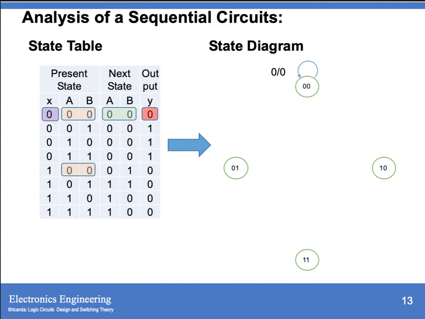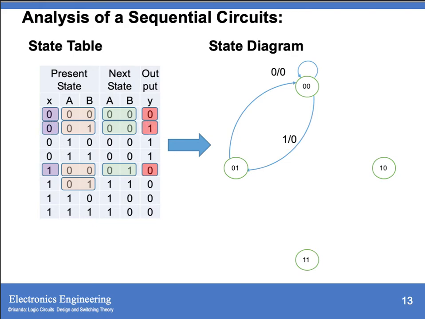Then when it is 0, 0, it goes to 0, 1 when x equals 1 and output equals 0. For the state 0, 1, the first is it goes to 0, 0 when your x is 0 and your y is 1. And the other one, it goes to 1, 1 when your x is 1 and your y is 0.